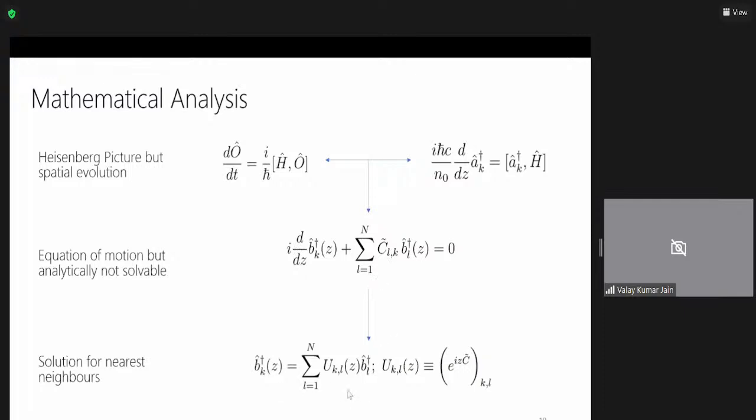And when you solve it, you get this kind of relation where we have a unitary matrix depending on the coupling between different waveguides. And this unitary matrix is responsible for transferring probability densities from all the different L waveguides to the waveguide index K. So then probabilities are coming from L to K. Everything is coming here.